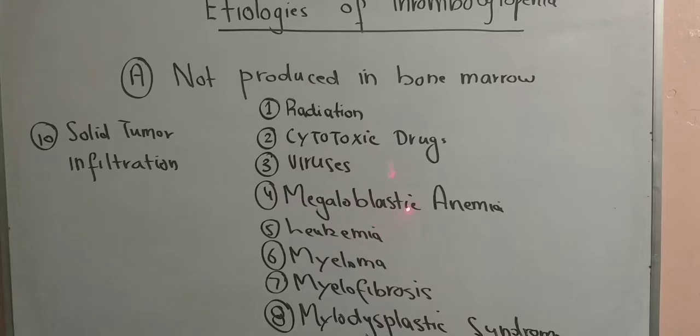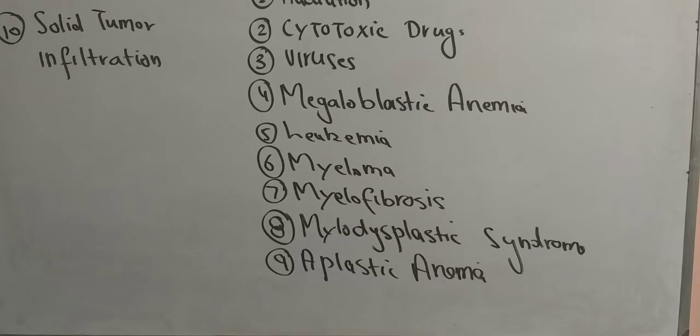It can be megaloblastic anemia, leukemia, myeloma, myelofibrosis, myelodysplastic syndrome, aplastic anemia, and lastly, solid tumor infiltration of the bone marrow.